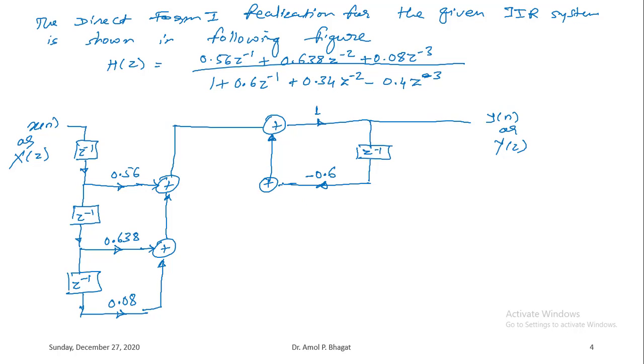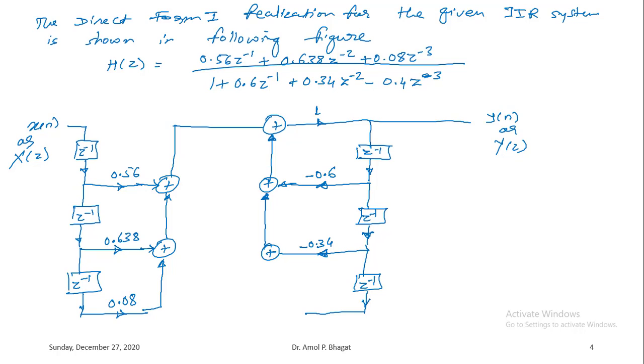Okay, so next, similarly this 0.34 z to the power minus 2 is there, so we'll need one more delay element in this case, right? So z inverse will be there, then it will be multiplied with minus 0.34, then again it will be added here. Then similarly for this z to the power minus 3, again one more delay element will be there, right?